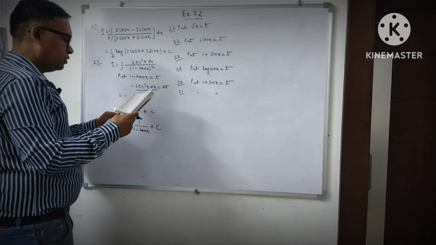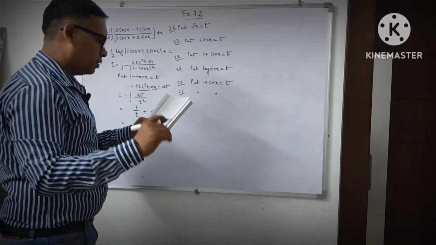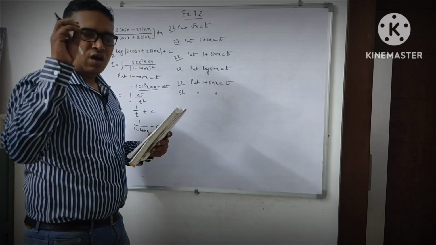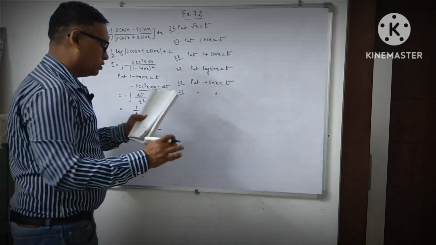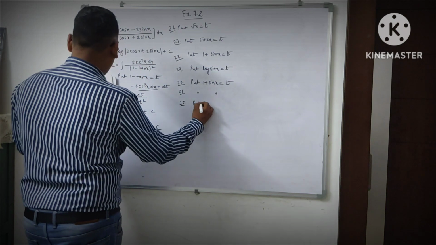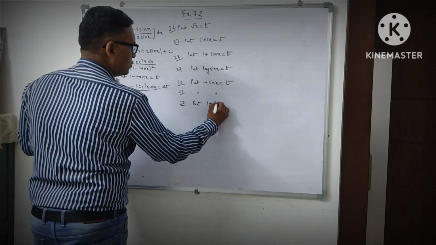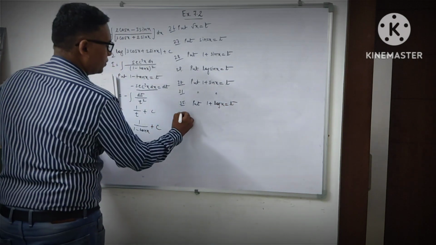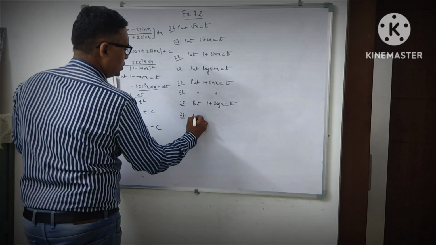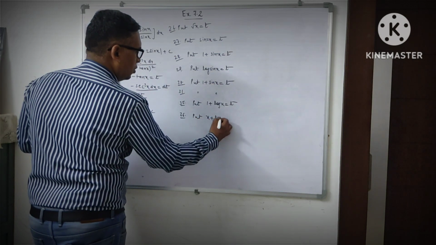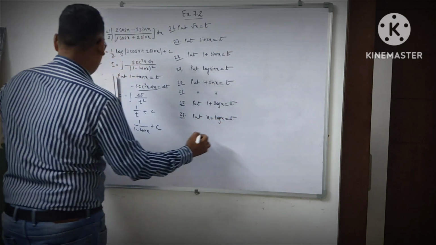Now 32 and 33 are a little bit different. So I am discussing those sums in which you have to put and you can get the answer very easily. So I am just switching over directly to the 35th question. Put 1 plus log x is equal to t. 36th question, put x plus log x is equal to t.